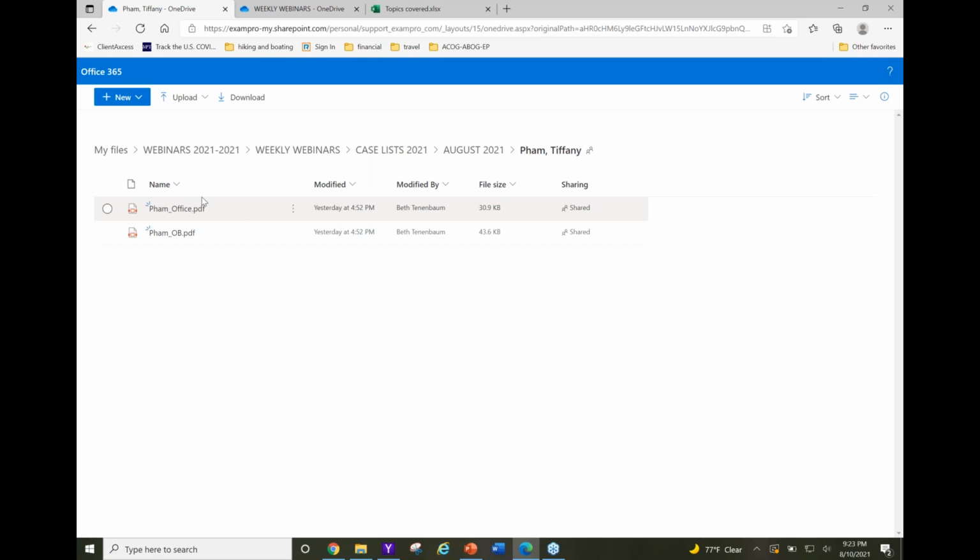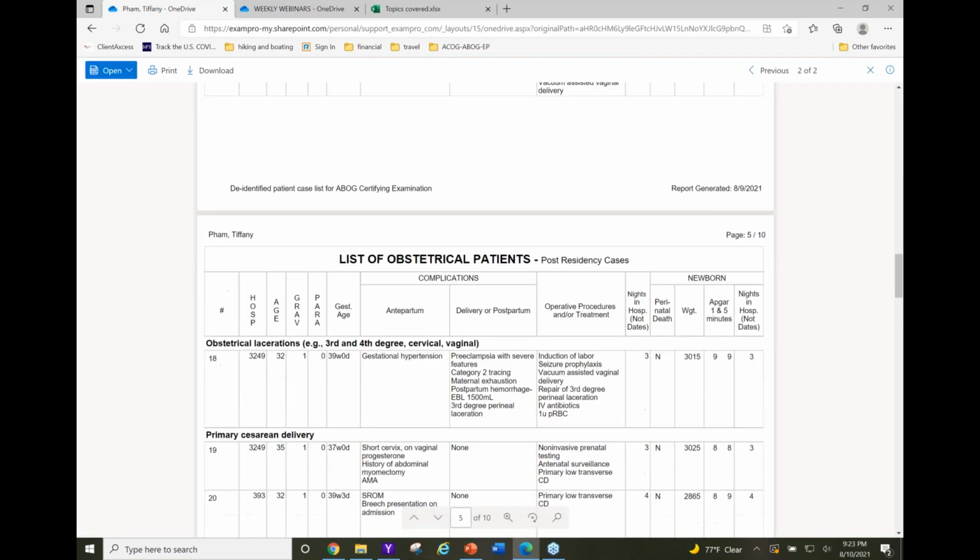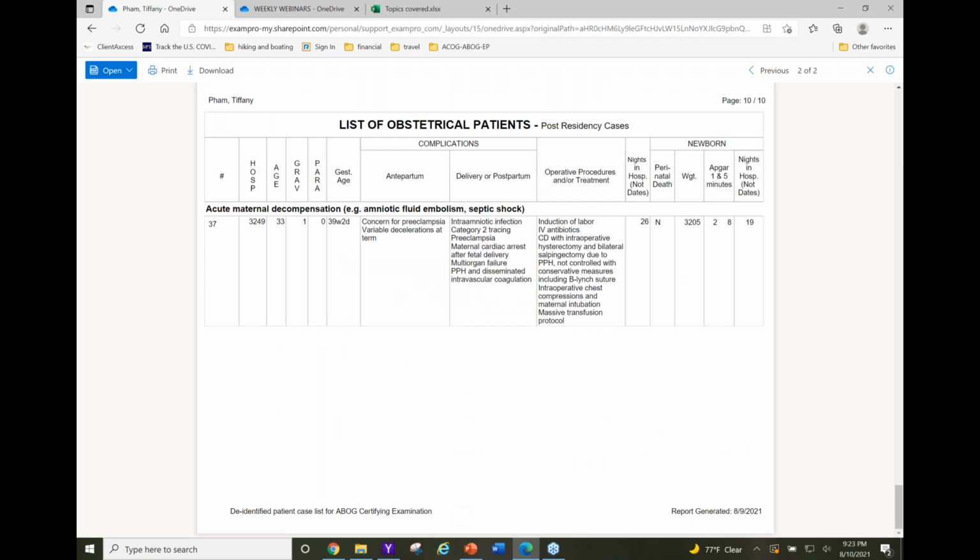Any particular case? Yeah, case number 37, the last one, it's a bit of a doozy. Okay, let me look at it here for a second. Oh, okay, yes. All right. Just a second. Okay.